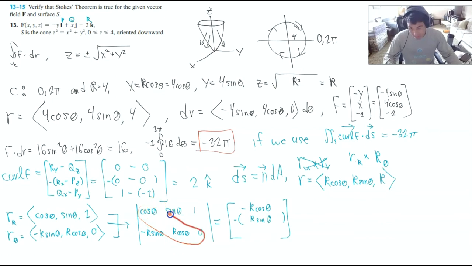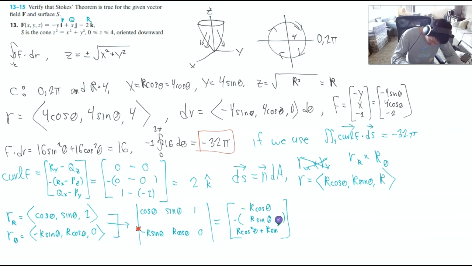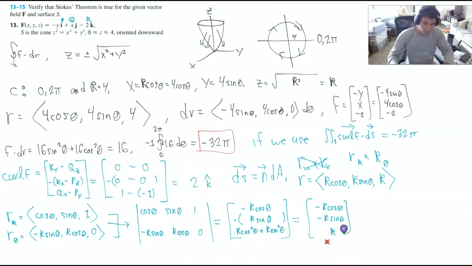Then I gotta take this. It'll be R cosine squared theta minus, so it's going to be plus R sine squared theta. And look at that, just negative R cosine theta. This is going to be negative R sine theta. And this will just be big R. Okay, so that's n.